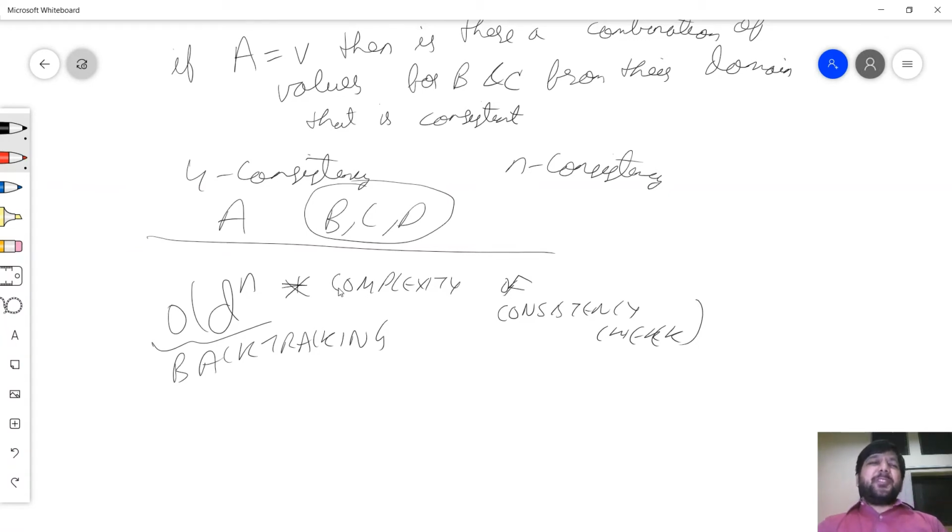Now, for 2 consistency, this of course takes a time of c times d cube, but then it significantly reduces this. The prediction is a lot better. In case of n consistency, this virtually vanishes. I don't have an exponential over here, so this becomes almost a constant, but making a graph, checking for n consistency is itself a d raised to power n operation.